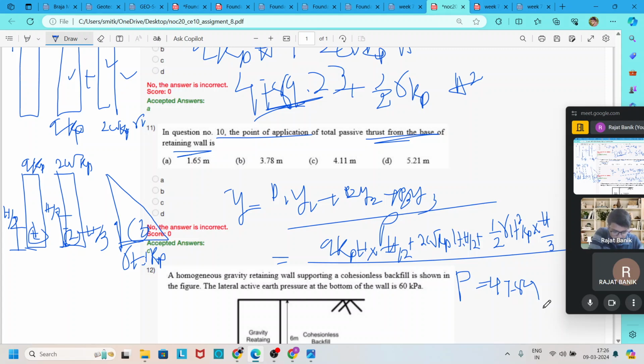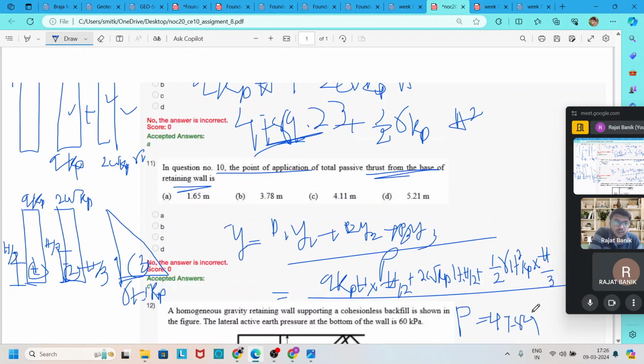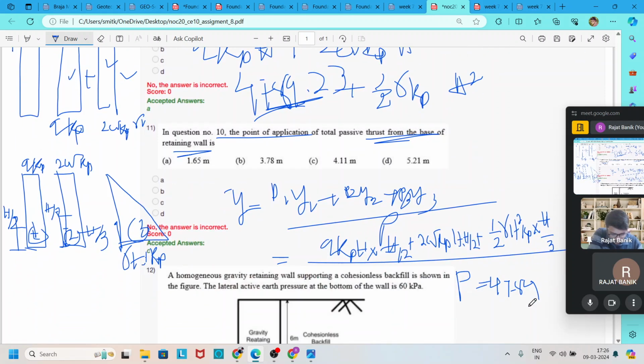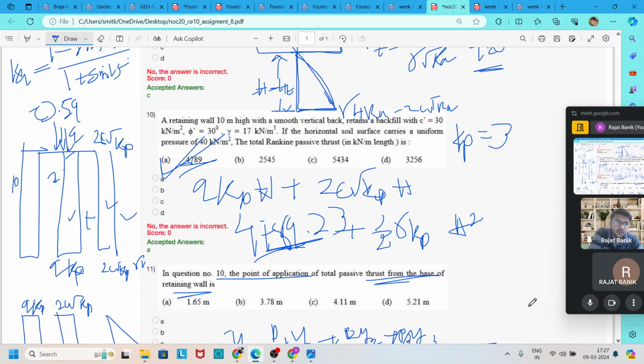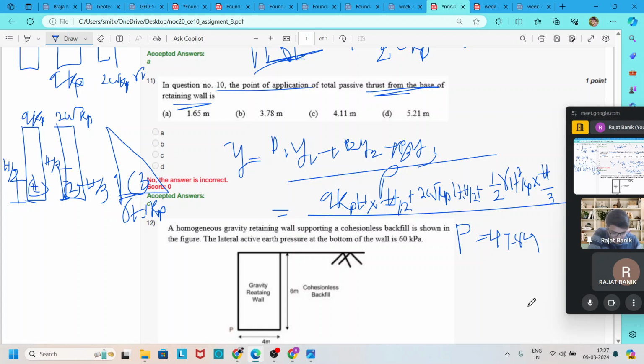Putting in all these values, it becomes: q is 40, 40 into 3 into 10 into h by 2 which is 5, plus 2 into c, which is 30, 30 into root over 3 into 10 into 5, plus 0.5 into 17, gamma is 17, into 100, that is 10 square, into Kp which is 3, into h by 3, this is 5 divided by 3, and divided by the total force, which is 4789.